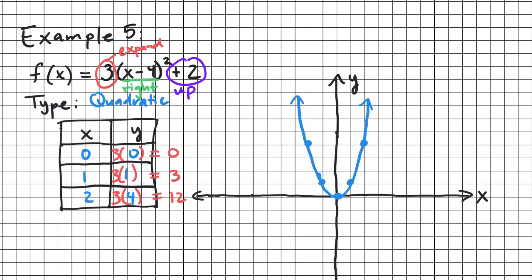It's 0, 0, 1, 3, and 2, 12. So 1, 2, 3, 4, 5, 6, 7, 8, 9, 10, 11, 12. So that's 3 past the arrow.